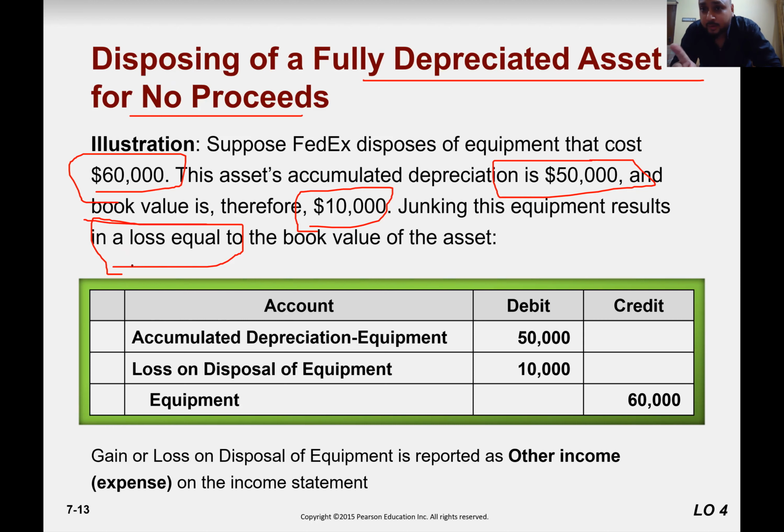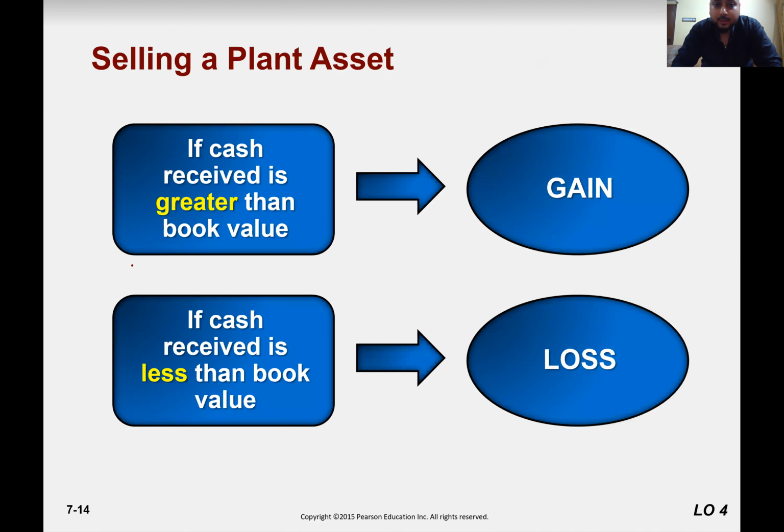So this is not a profit, because profit is from business operations. Your day-to-day selling and buying, whatever you receive there, that is called profit. But since your core business operation is not selling your own assets, we call this a gain, right? So if the cash received is greater than the book value, we call this a gain.